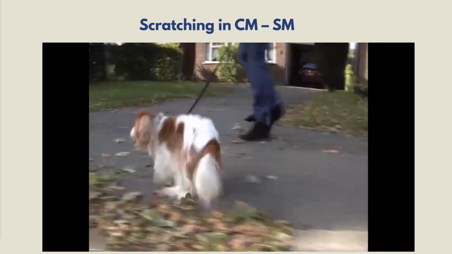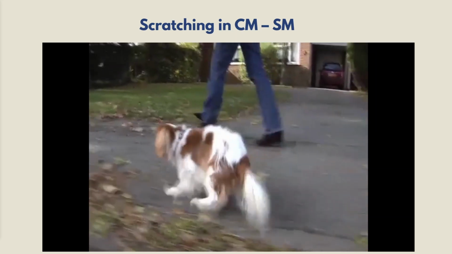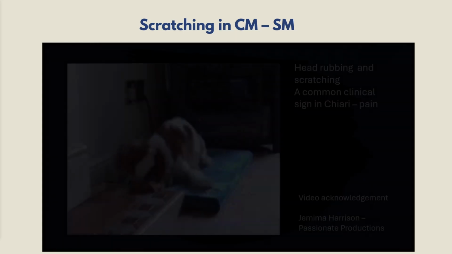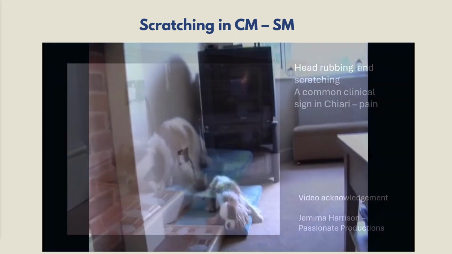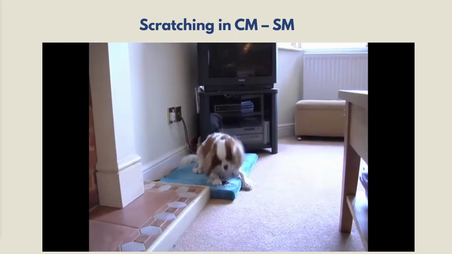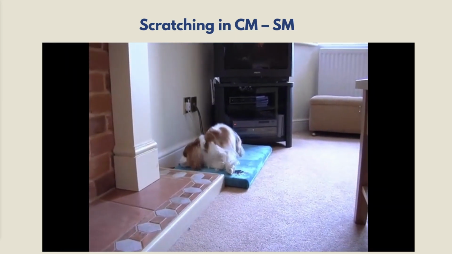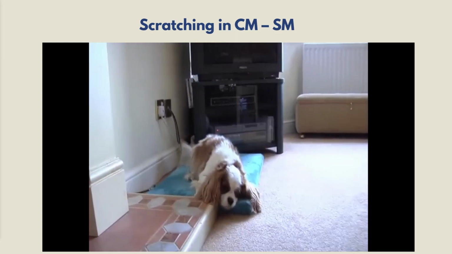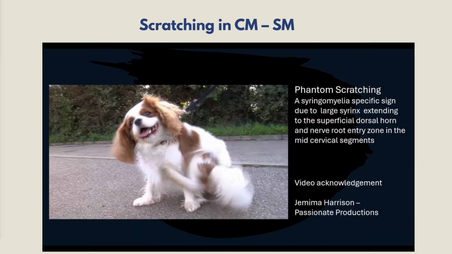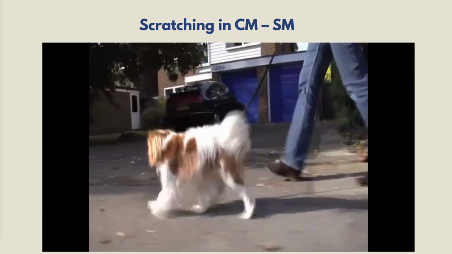It will be one side only, and the important thing about that is that you should be able to trigger it by rubbing the affected dermatome, which is the area of skin that is associated with the dorsal horn damage. So it is very important to ask the questions, perhaps get video to be able to better categorize the scratching.